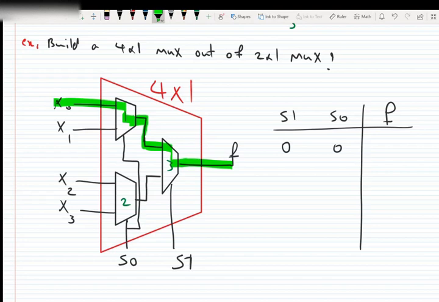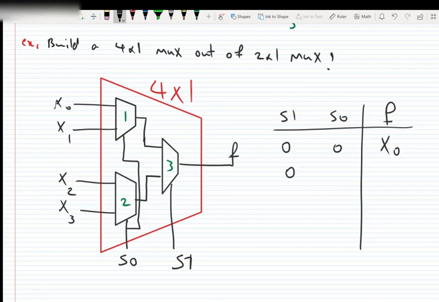So we see that if both S1 and S0 are 0, the output will be X0. Okay, so let's erase those highlights.